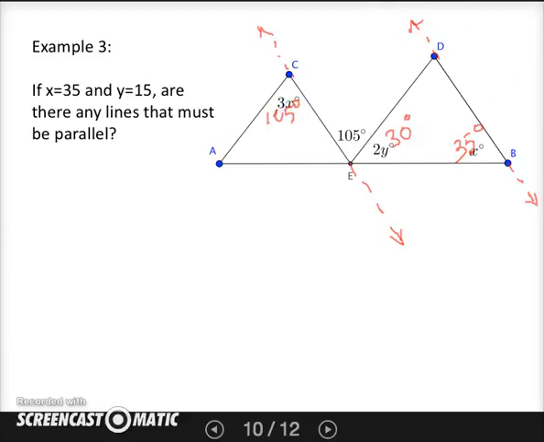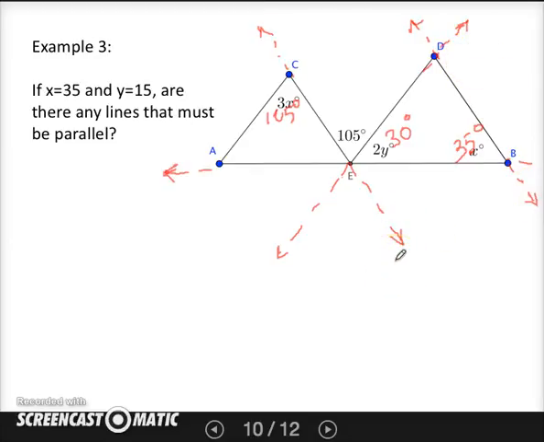Okay, if we're looking at these two lines to see whether they are parallel, let's look at the transversals that cut across these lines. We have this transversal, DE, that cuts both lines. And we have this transversal, line BA, that also cuts across both of these lines.